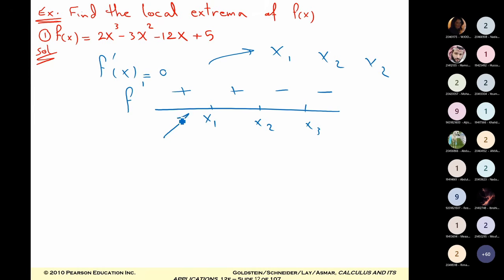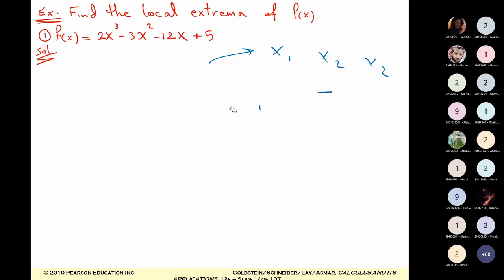Put the direction to check if we have increase or decrease, or maximum or minimum. In this example, we need to find only local extrema. At what point f of x is maximum, and at what point f of x is minimum. Okay, this is the plan of the solution.